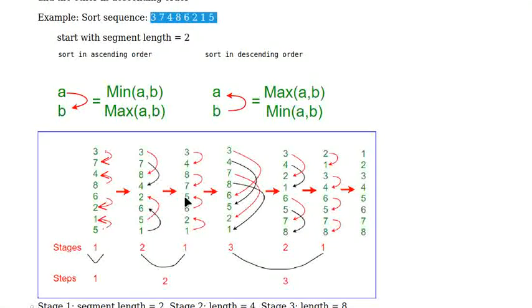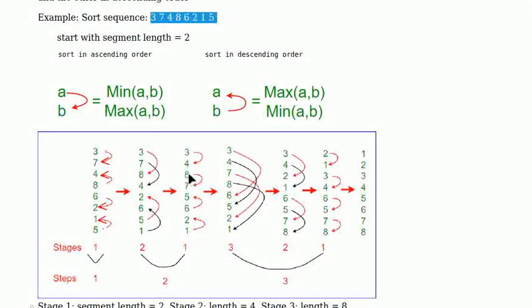So we repeat this process. Now we have to sort this again, but the distance is halved. Here the distance between the sorted elements is 2, so we halve it. We sort 3 and 4 in ascending order, so that is 3, 4.